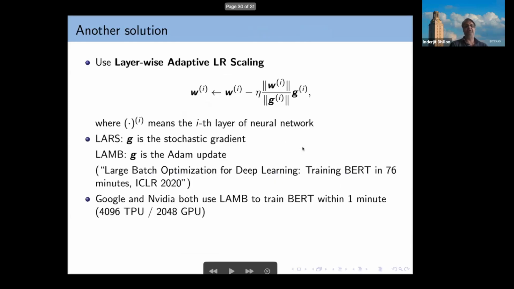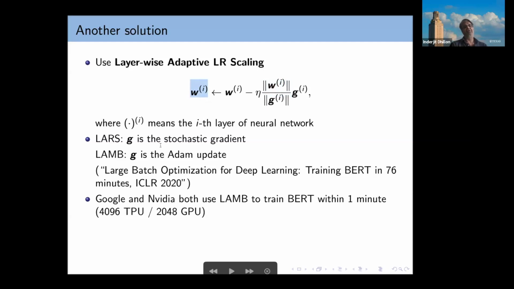And so what people have done is they sometimes modify your learning rate to take out the scale difference. You can think of it as G being normalized, and then you scale the unit gradient with the norm of W. So the updates become similar in scale to the parameters being updated.